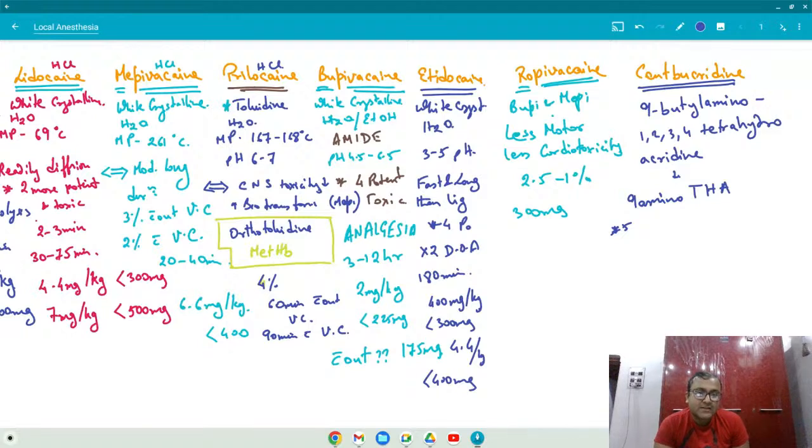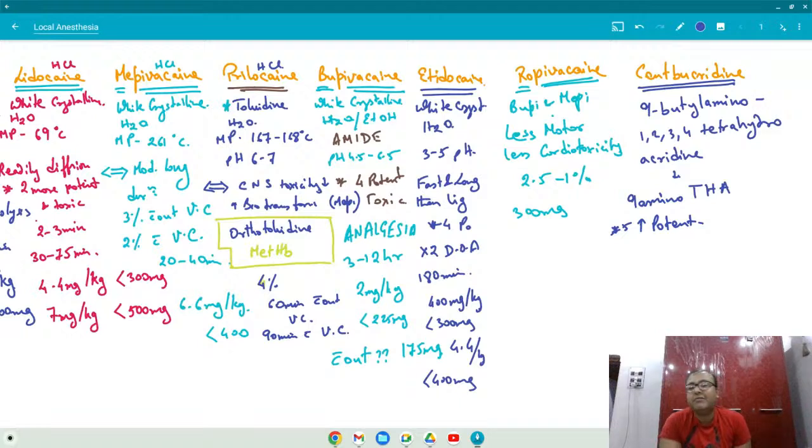Now, all these latest ones are mainly compared with lidocaine, which is the main gold standard right now. Everybody is getting compared with Lido only. So centbucridine is five times more potent as compared to lidocaine.